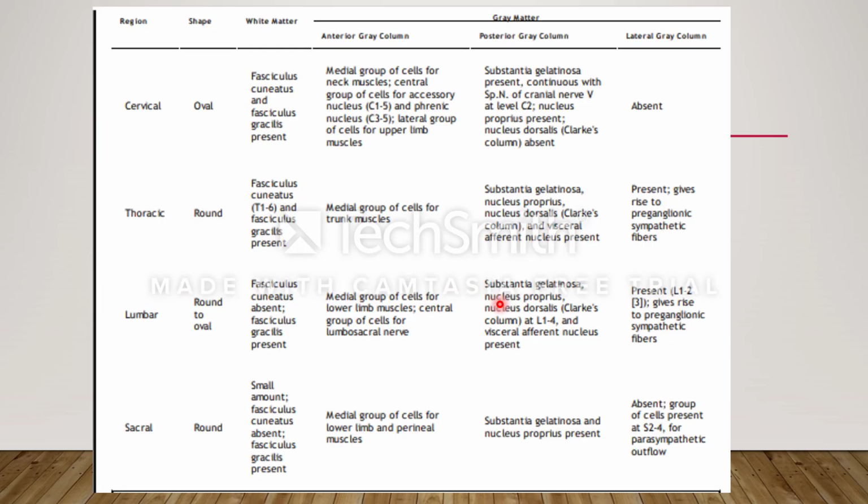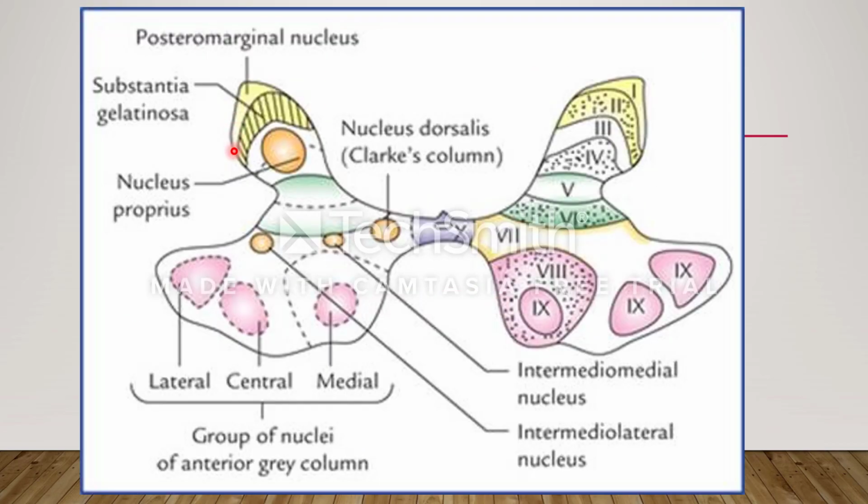So in the diagram, I will show you that, see here, this is the substantia gelatinosa present in the whole of the spinal cord. This is the nucleus proprius present in the whole of the spinal cord. The substantia gelatinosa is receiving the fibers for pain and temperature, and the nucleus proprius is receiving the fibers for touch, two-point discrimination, position and movement, which is named proprioception, and vibration also.